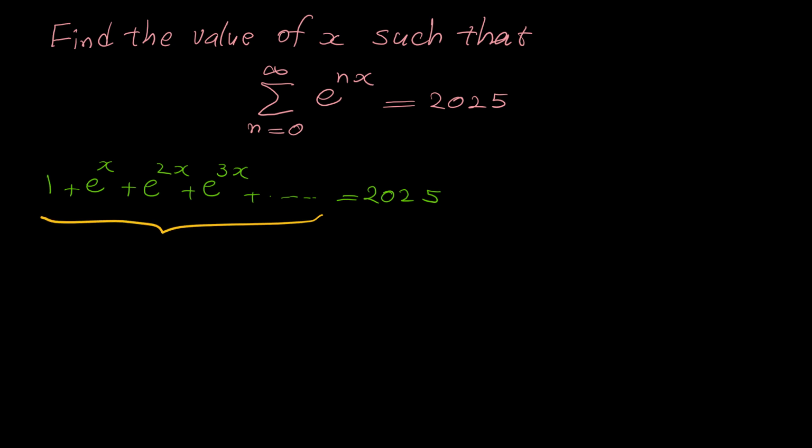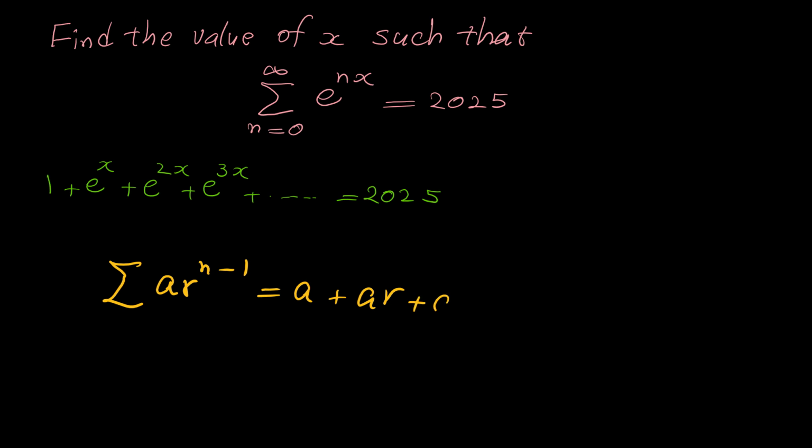Now look at these terms here. If you pay attention, they form a geometric series. But why is this a geometric series? Let me remind you of the general form of a geometric series. A geometric series is a series in the form of a r to the power of n minus 1, which if we open this, we have a, ar, ar to the 2, and so on.